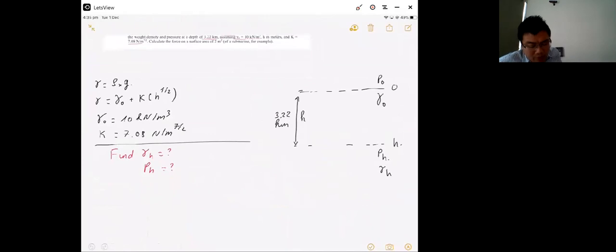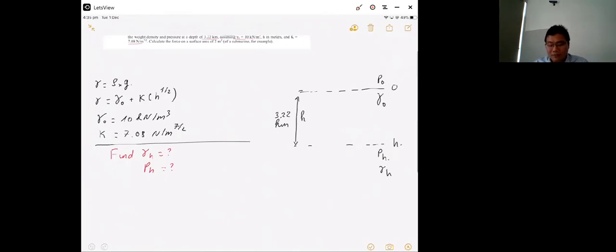So in here we have 2 unknowns: weight density and pressure. Which one can we find first? Pressure or weight density?